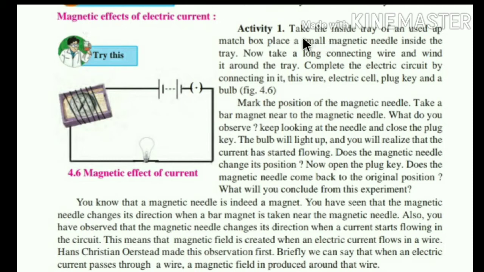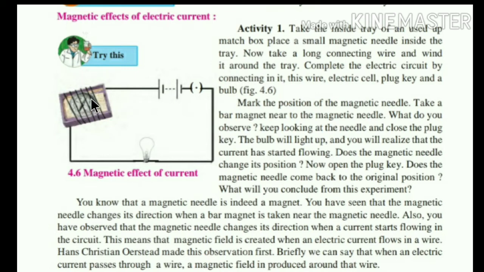Let's see. Take the inside tray of a used-up matchbox. This is a used matchbox. Place a small magnetic needle inside the tray.